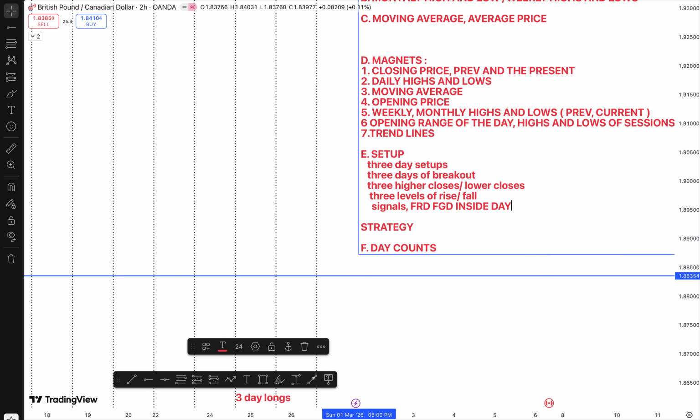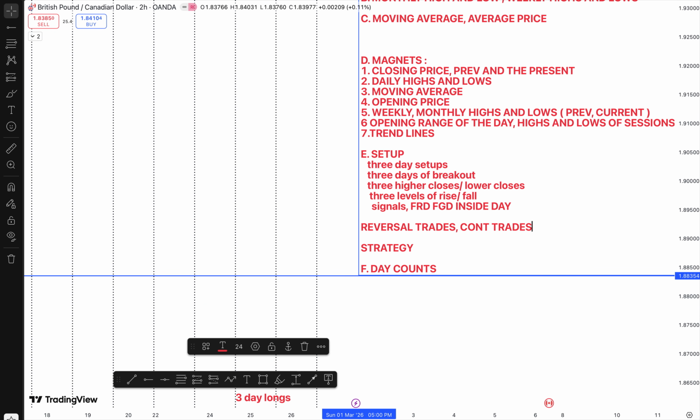Okay, we need to see market fading at weekly highs and lows with these setups before we look for reversals or continuation. From these setups, we can now start getting our reversal trades and continuation trades.